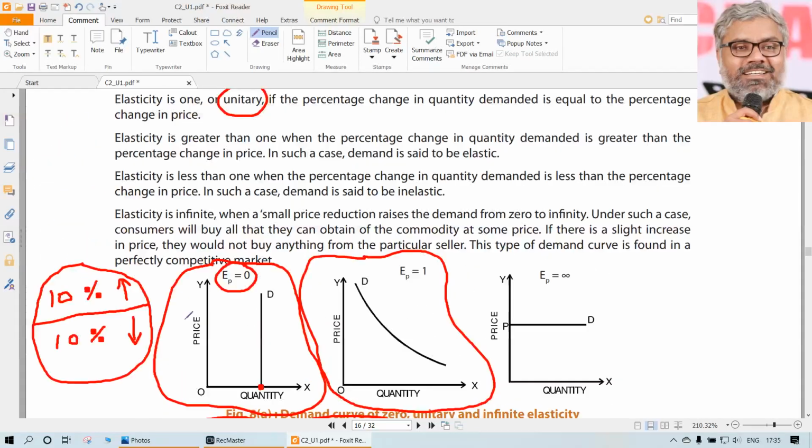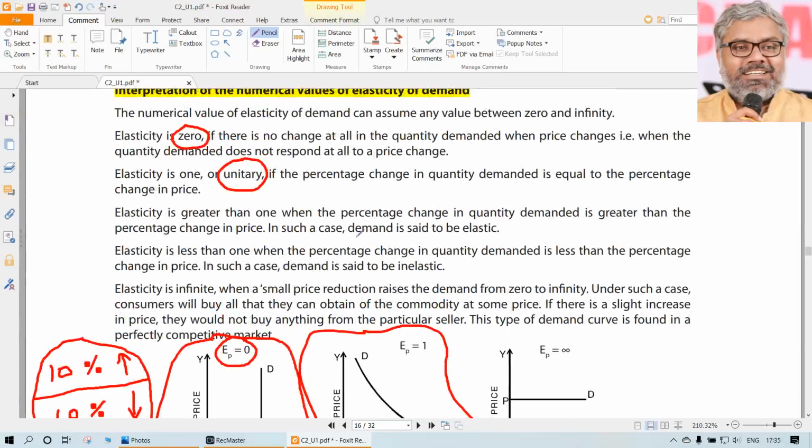That should definitely be greater than the percentage change in price. If the elasticity is greater than 1, it means the percentage change in quantity demanded is greater than the percentage change in price. That means we can call that demand elastic. So in such cases the demand is said to be elastic.